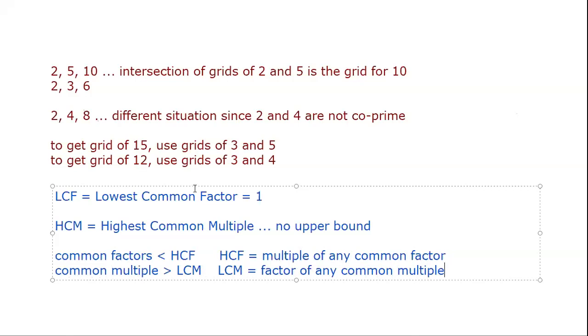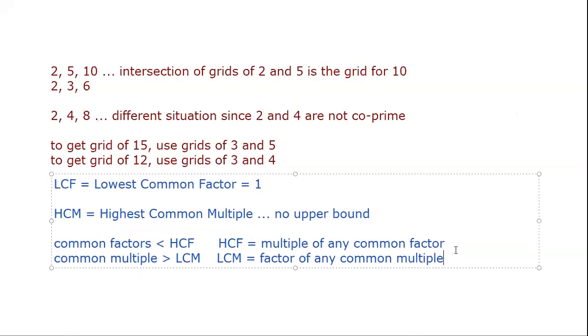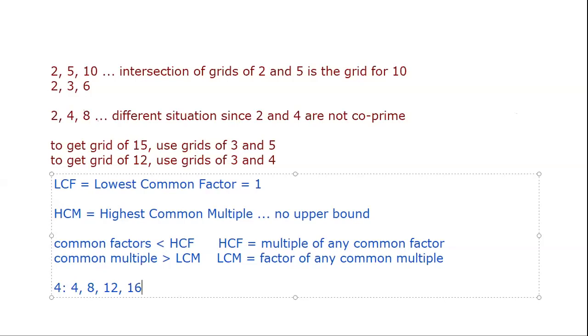For example, if you take 4, the multiples of 4 will be 4, 8, 12, 16, 20, 24, 28, 32, 36, 40. So these are the multiples of 4.